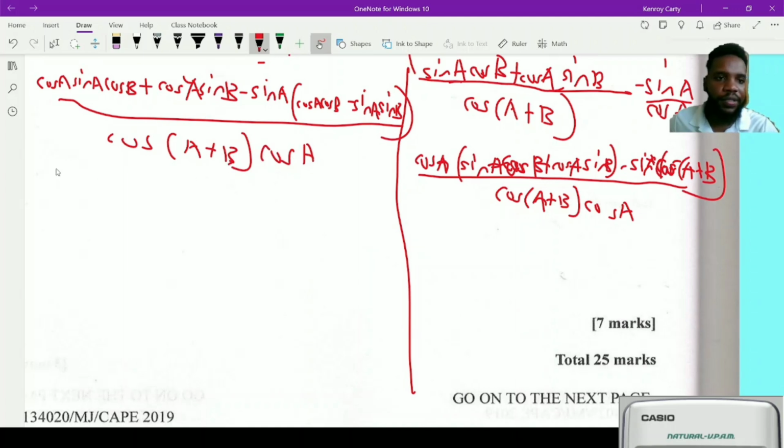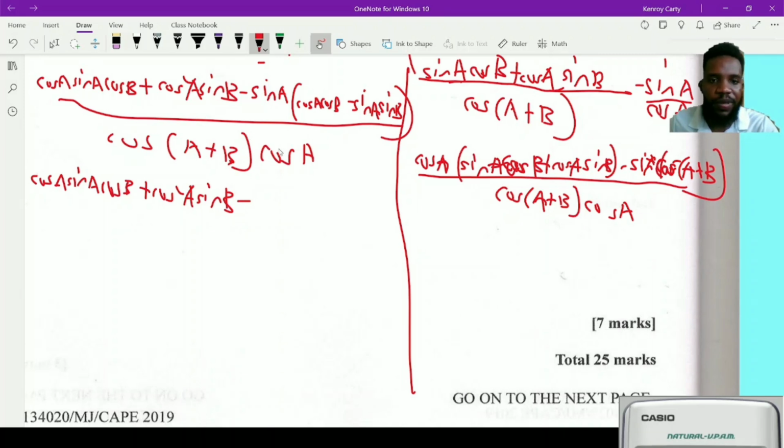Good. Start this up now. So I'm going to have cos A sine A cos B plus cos squared A sine B minus.